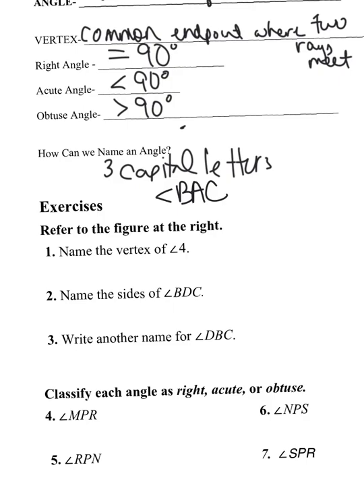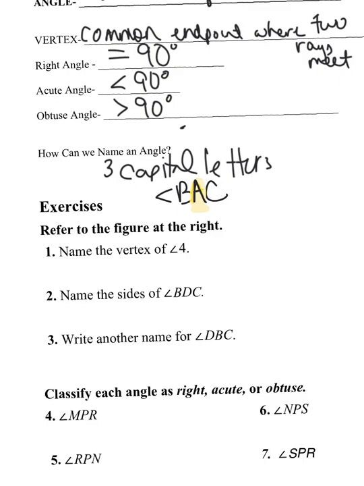We can name that one angle BAC, or we can name it CAB. The only thing that has to stay the same 100% is your vertex has to be in the middle. So that A had to stay in the middle. The other way you can name one, and we won't do it as often, but we will do it, you can use one capital letter if it doesn't have anything else attached to it.